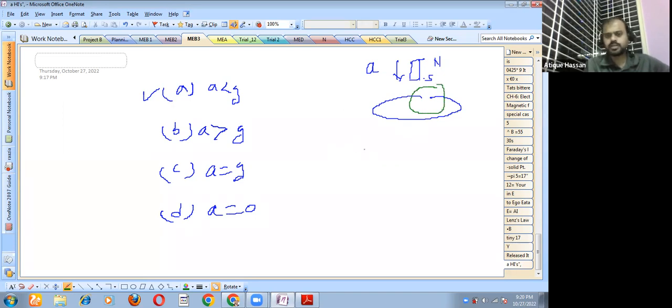So there will not be any induced current because of the broken loop. The circuit is not complete. Because of the incomplete circuit, there will not be any current.